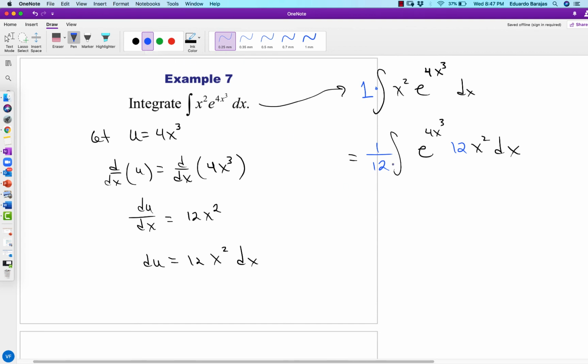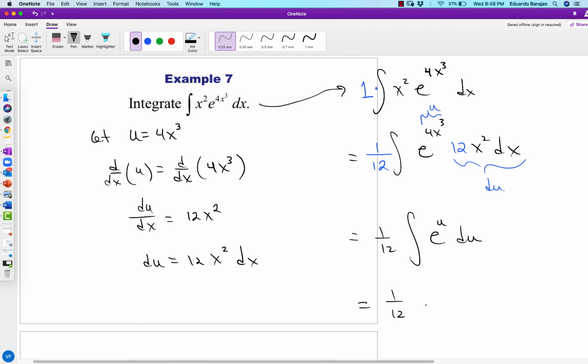Okay, so now I can do my substitution. I'm going to let this part right up here be my u, and all of this over here is my du. So we end up with 1/12 integral of e to the u du. Good. And so now that's an easy integral to solve.